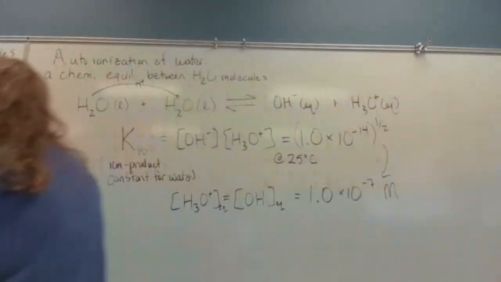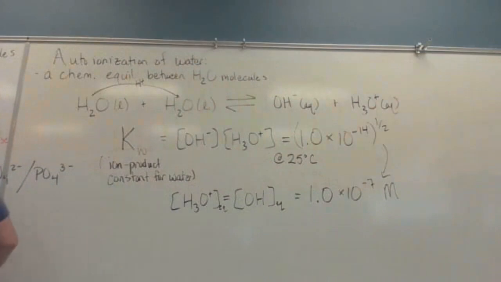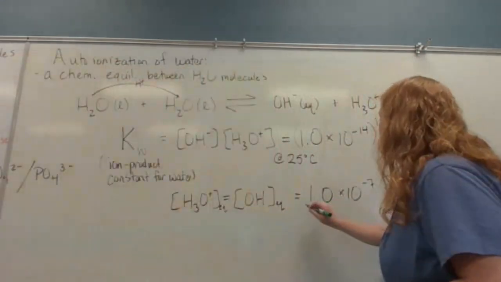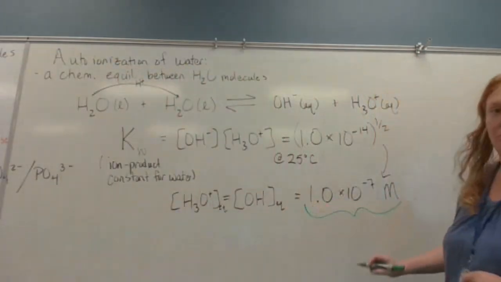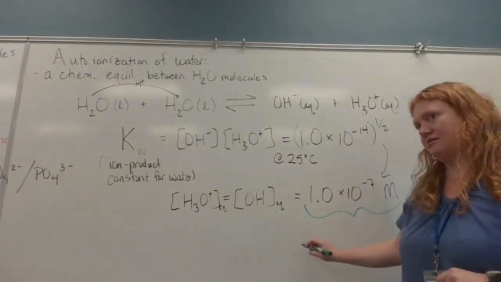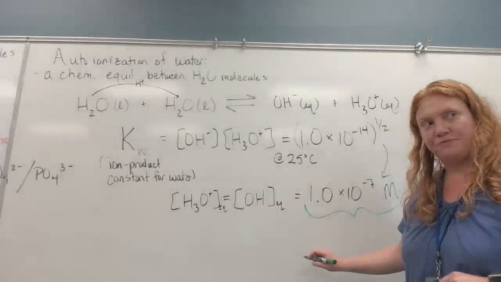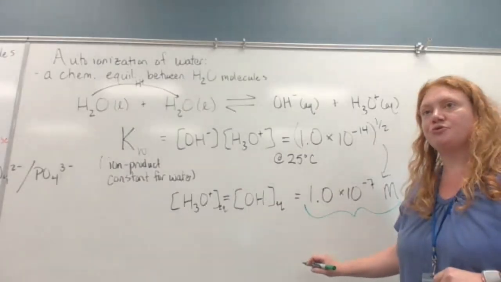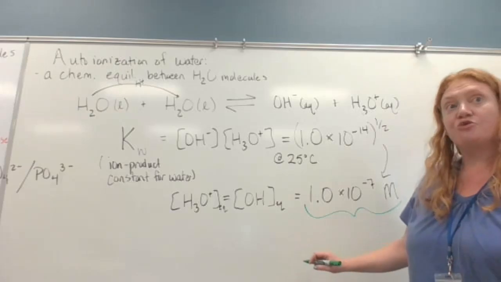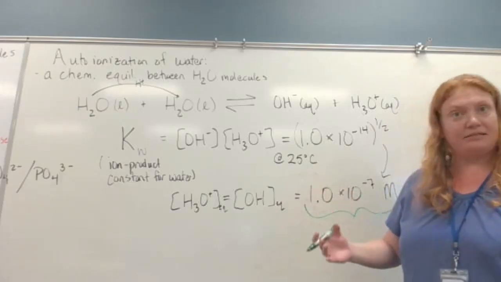This concentration, let's write this down, is the concentration when the solution is neutral. Y'all know this term neutral? We're talking about neutral in a pH sense, neutral in an acid-base sense.